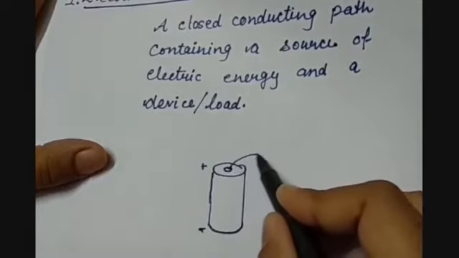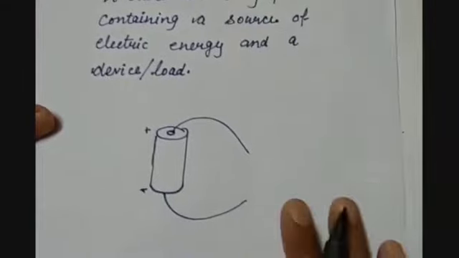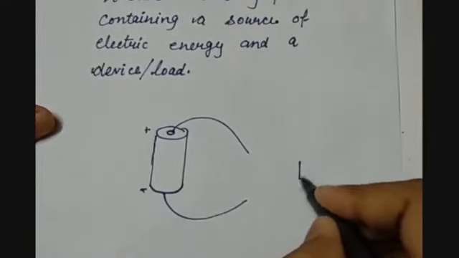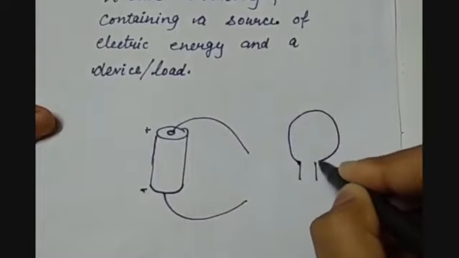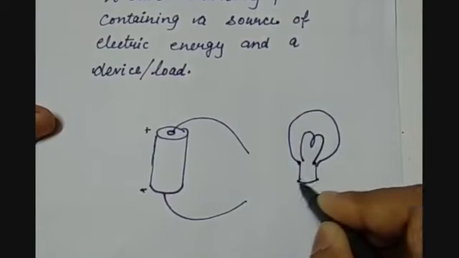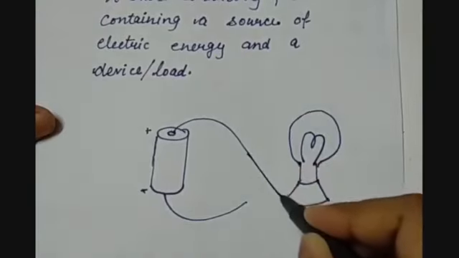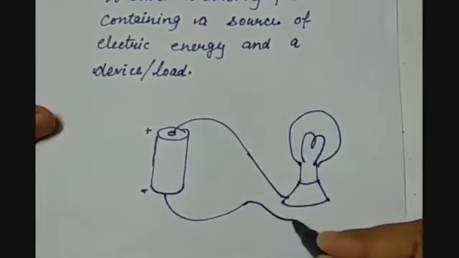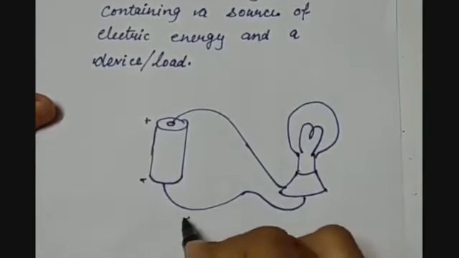And if I connect it with the help of wires to a bulb, this is the filament of the bulb. So this is called electric circuit.